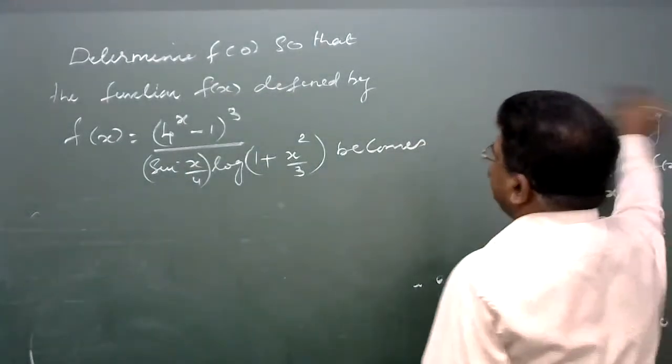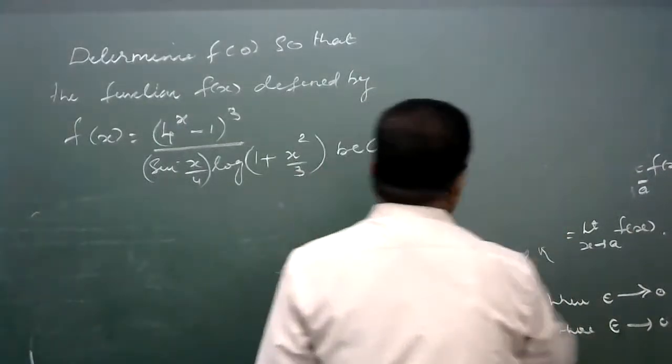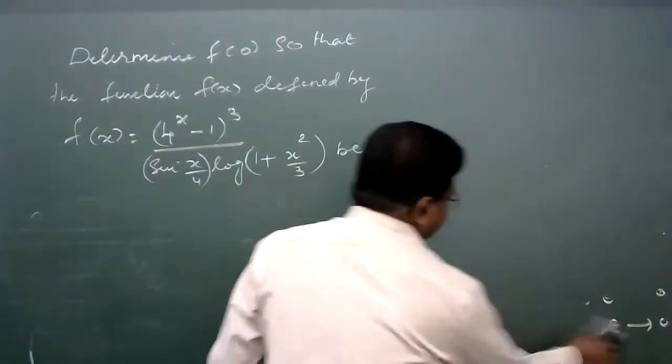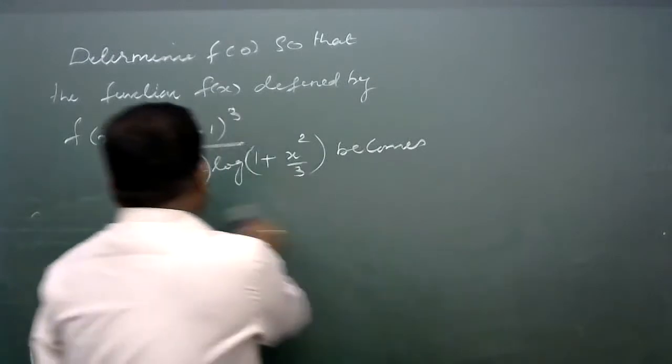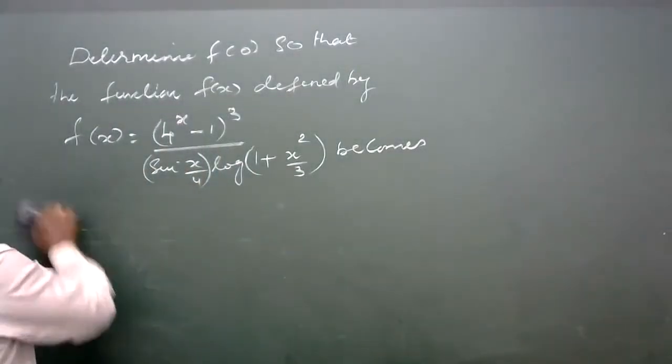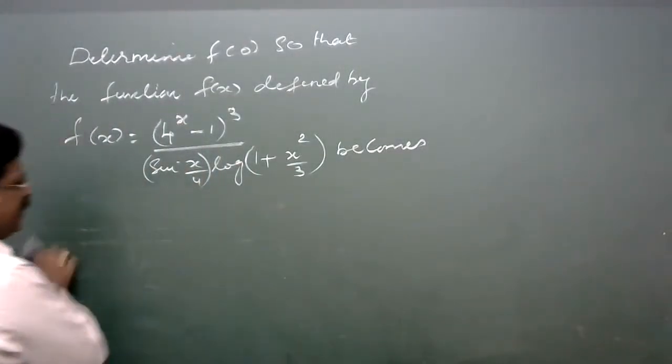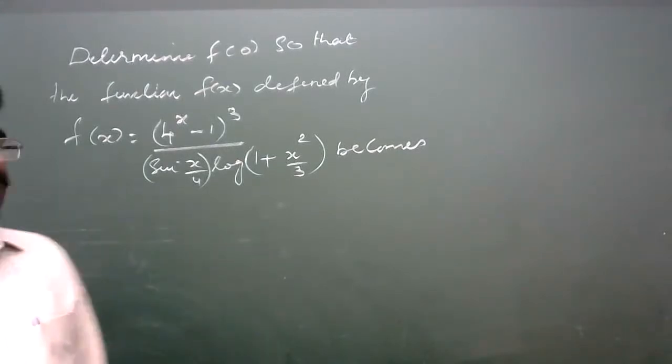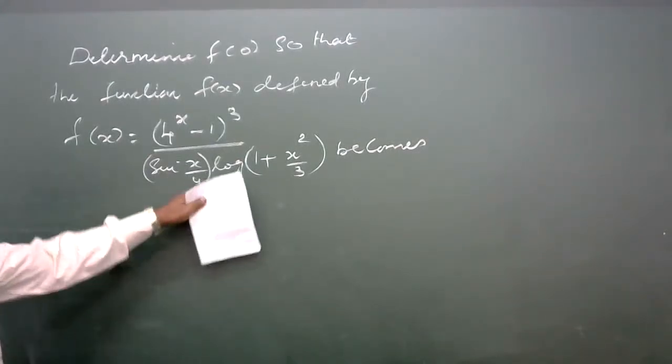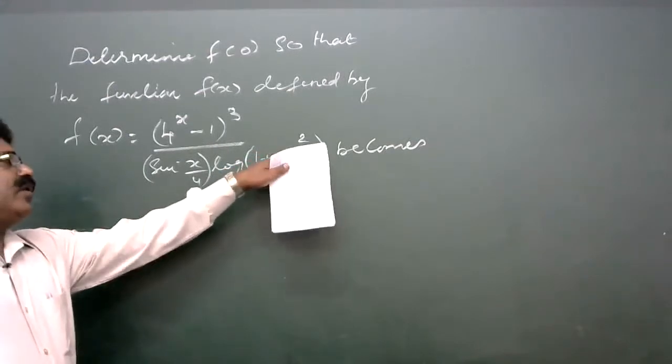Determine f of 0 so that the function f of x defined by f of x is equal to (4 to the power x minus 1) whole to the power 3, the whole upon sine x by 4 into log of 1 plus x squared by 3.